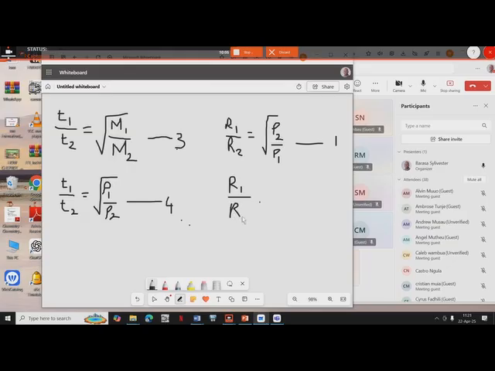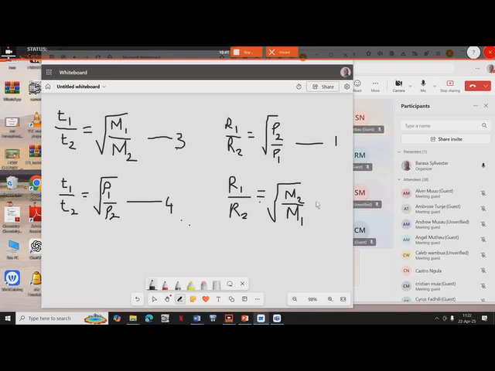This was equation number 1. The equation number 2 was R1 over R2 is equal to the square root of the mass of gas 2 over the mass of gas 1.